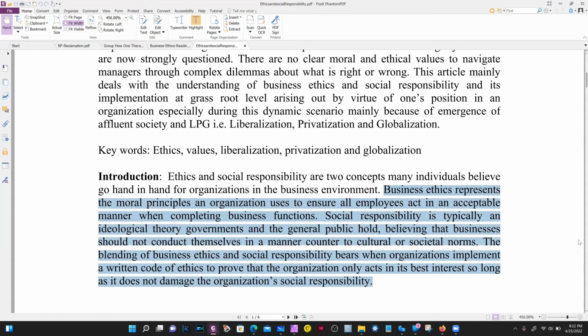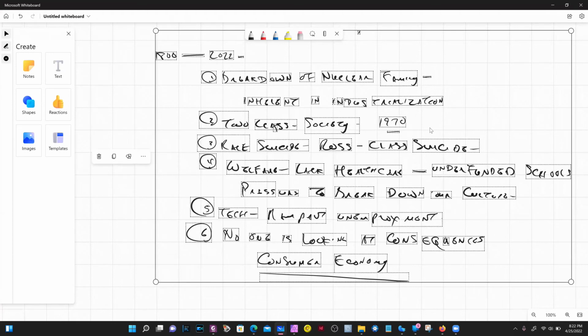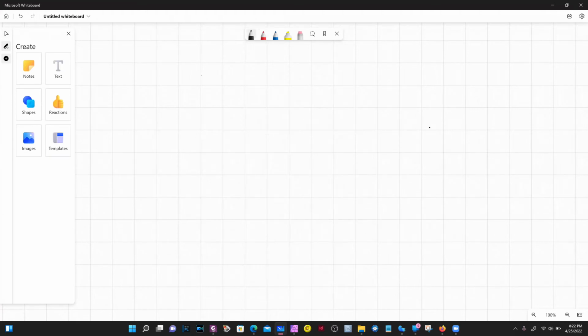The blending of business ethics and social responsibility bears when organizations implement a written code of ethics to prove that the organization only acts in its best interest so long as it does not damage the organization's social responsibility. And essentially, the point that they're making there is that businesses should have some kind of a balancing act between what's best for the business and what's best for society.